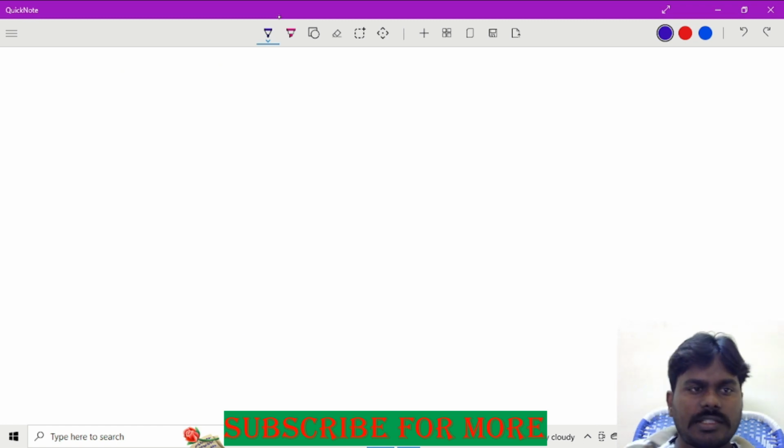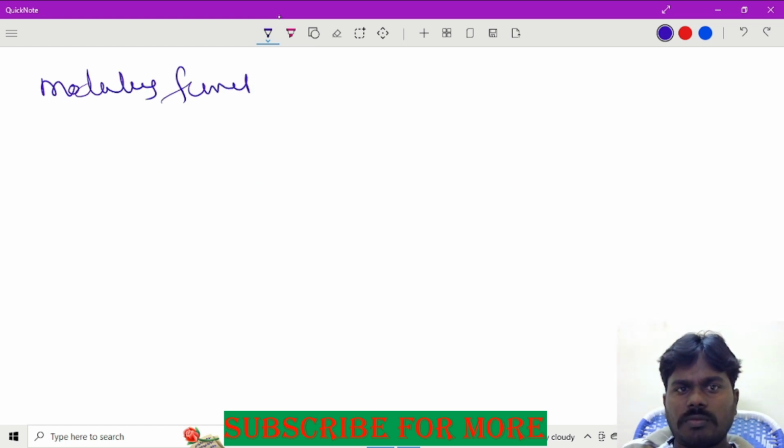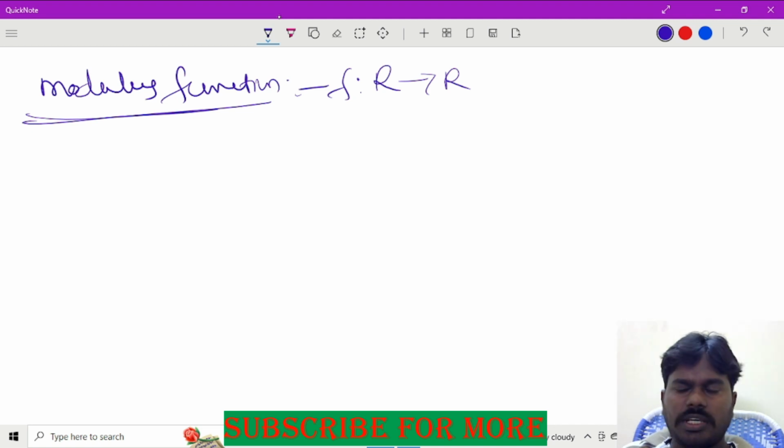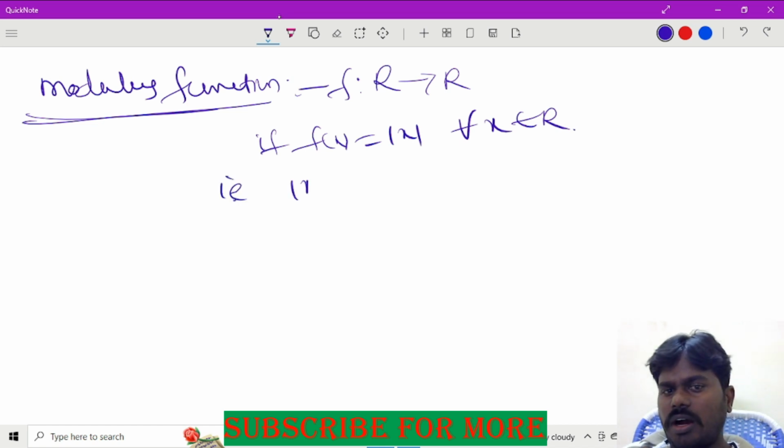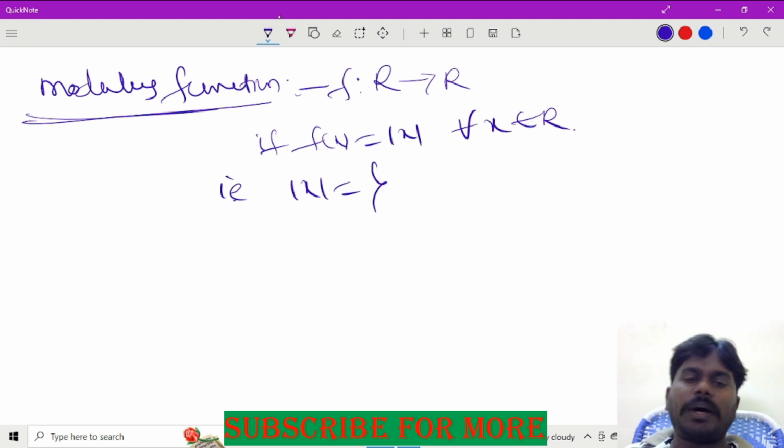Okay, next, modulus function. So modulus function means, suppose f is any function from R to R, or suppose A to B, is said to be a modulus function if f of x equals mod x for every x which belongs to R. So here mod x will convert the negative value to a positive value.